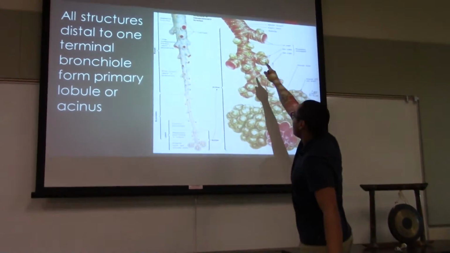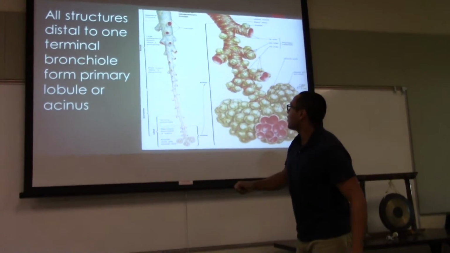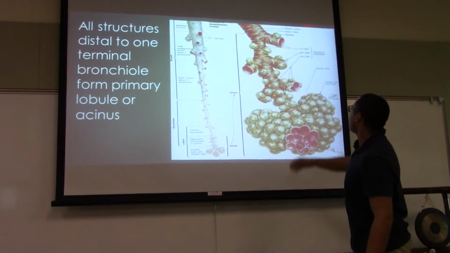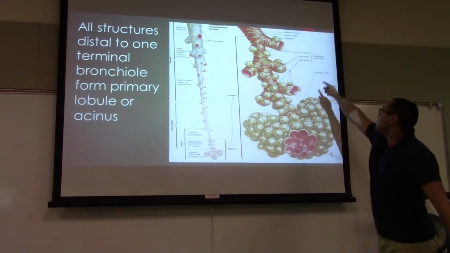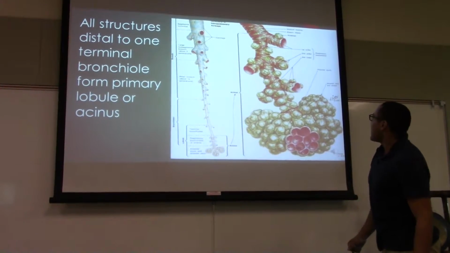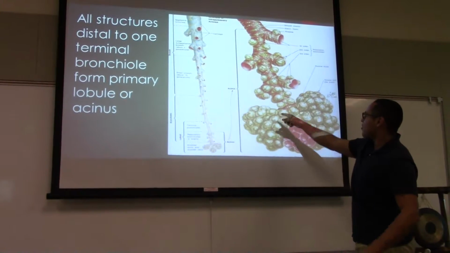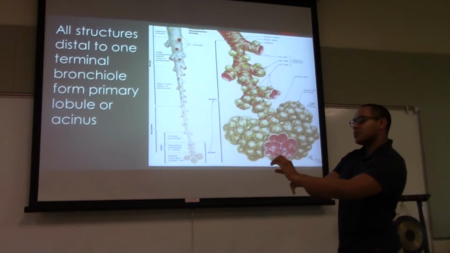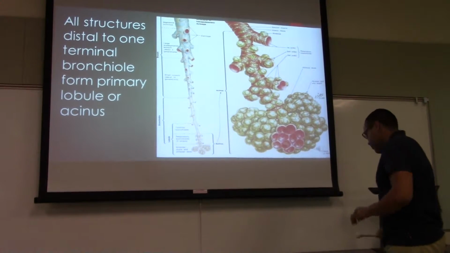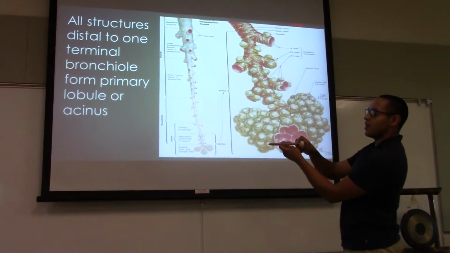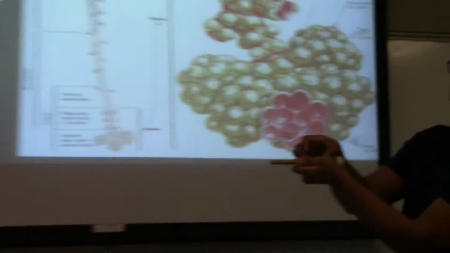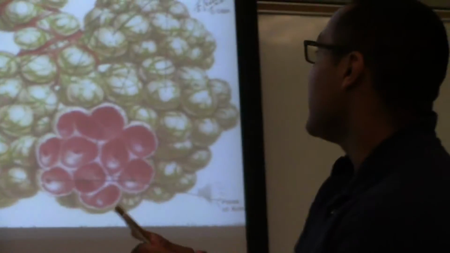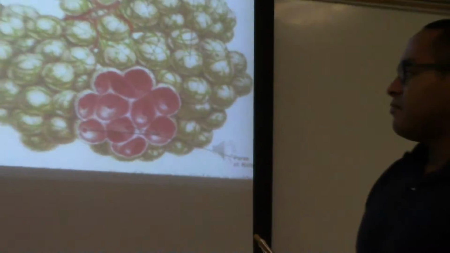This part up here, wish I had a laser pointer, but up here, that is the tertiary bronchiole, which breaks down to the smaller respiratory bronchioles there. And this respiratory bronchiole is smaller in its diameter. On the bronchiole, there's a bunch of grape sacs here. And these grape sacs are actually full of alveoli.